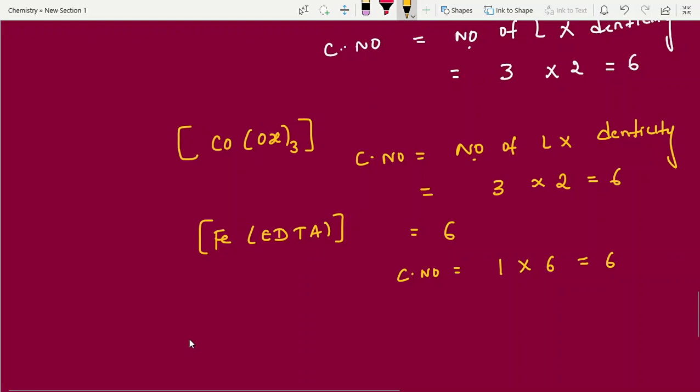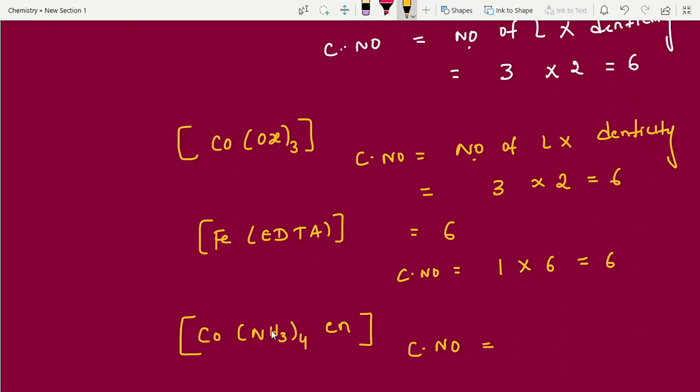What is that? Cobalt, NH3 4 times, en. What is the coordination number? How to calculate? 4 into number of ligands, 4 into denticity 1, plus number of ligands 1 into denticity of en, 2.